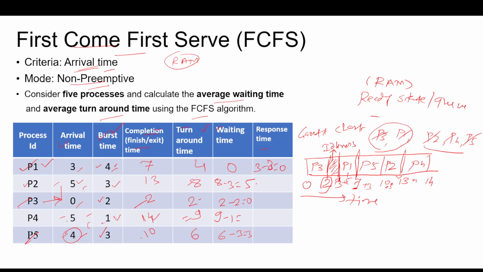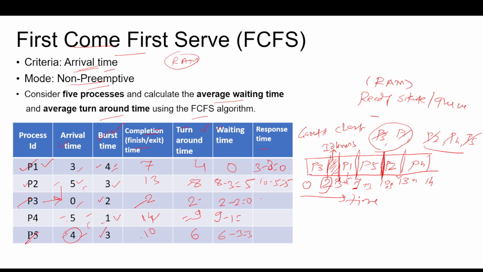0. Okay. Then when the CPU is received by the second process, P2, when first time CPU is received for P2, that is 10. 10 minus arrival timing. Arrival timing is 5. So 10 minus 5 is equal to 5.